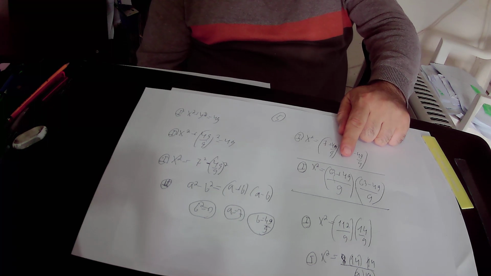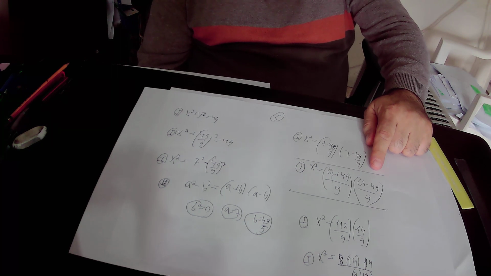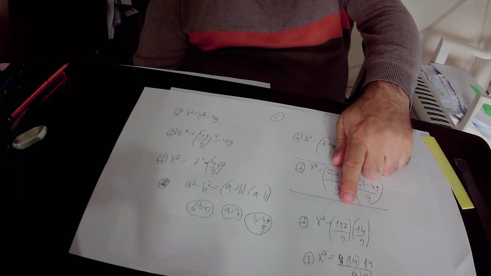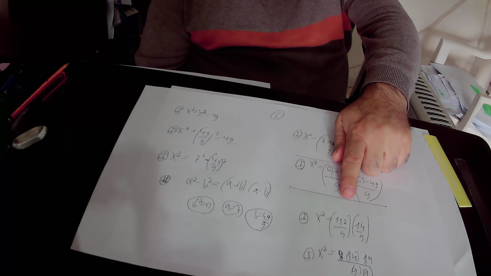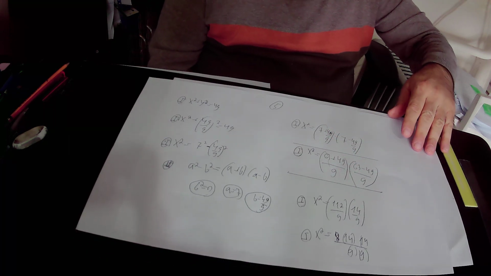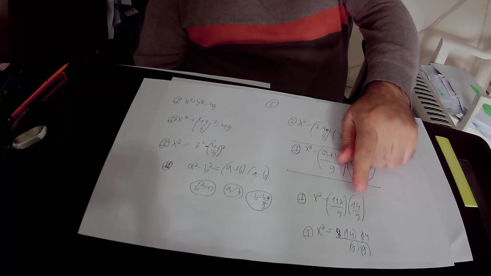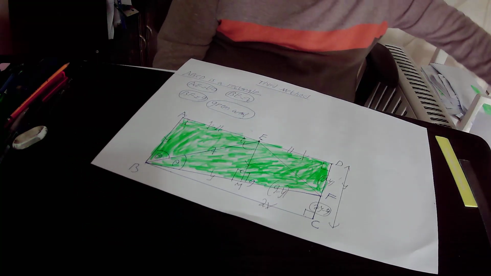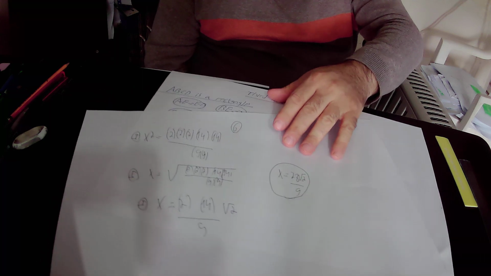So we got this expression: 63 plus 49 is 112, and 63 minus 49 is 14, so in conclusion we got this expression. 112 is 8 times 14, so we substitute 112 by 8 times 14. And we also know that 8 is 2 times 2 times 2, so we substituted 8 by 2 times 2 times 2, and we got this expression.